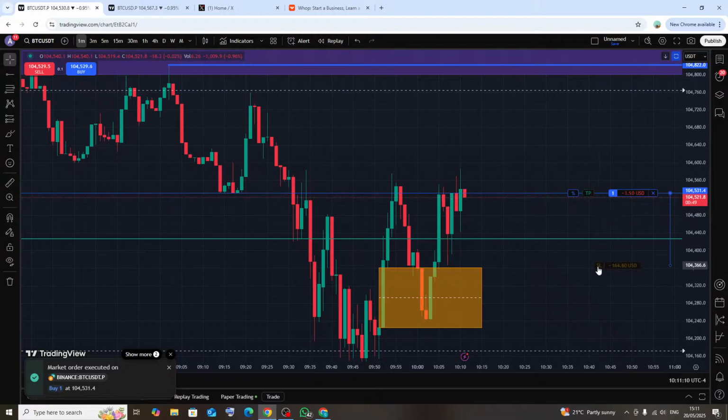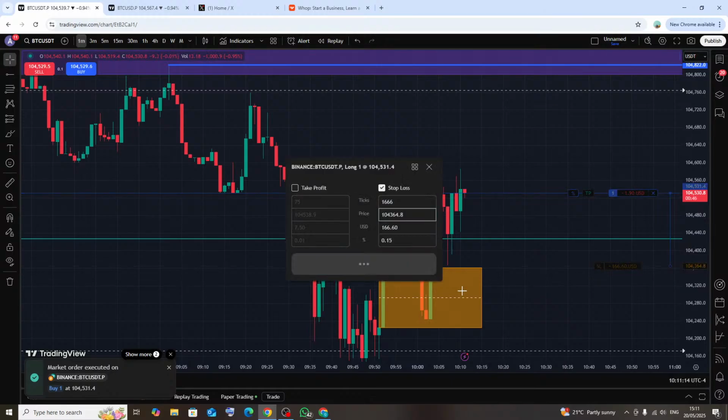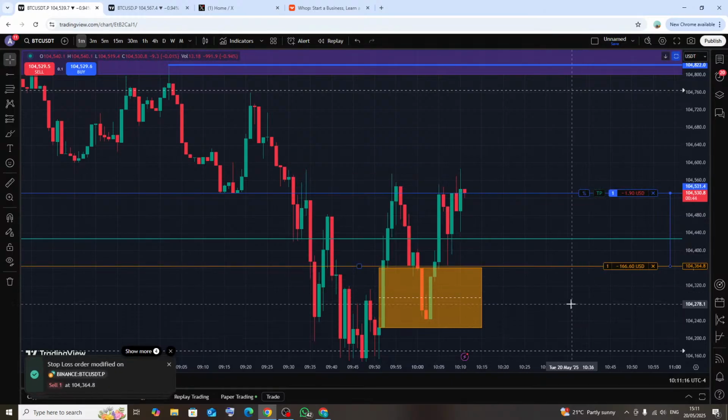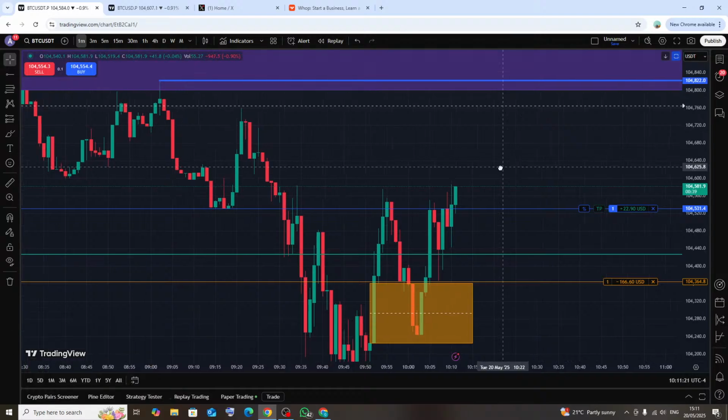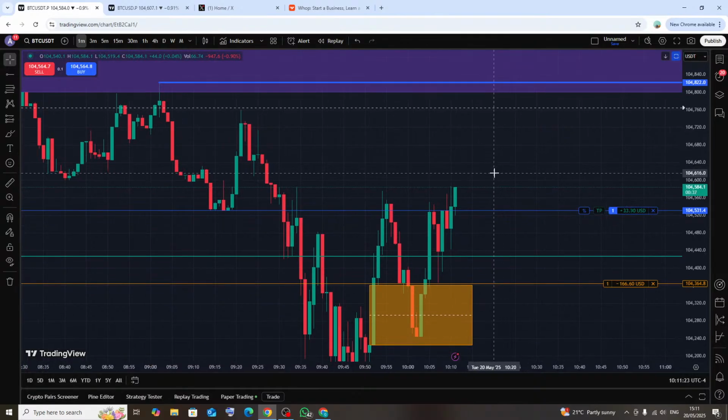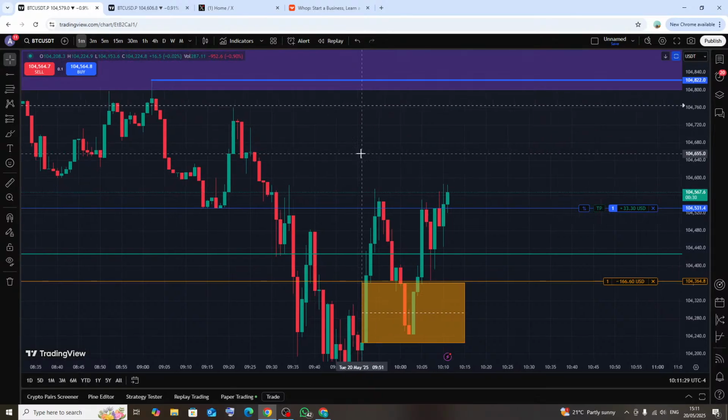I'm not putting my real money into that. My stop loss is just below this low, because I'm not really very confident on this. But it could be bullish, definitely. It's not a very big trade, it's a small trade we have taken, because I'm not confident. That's why.